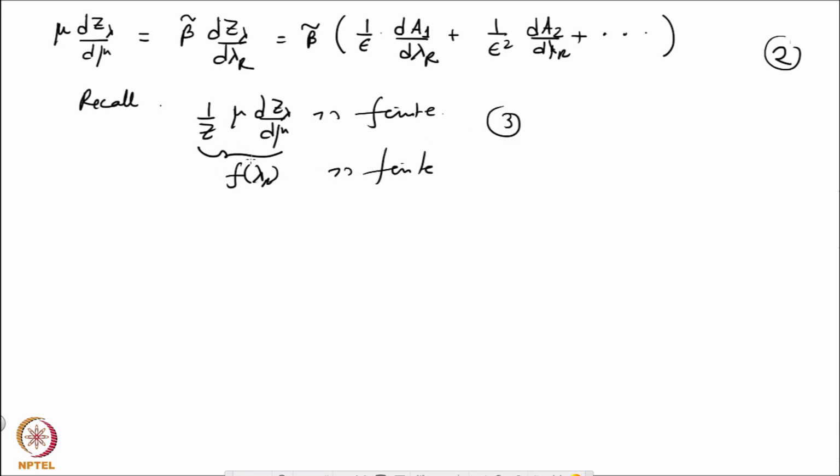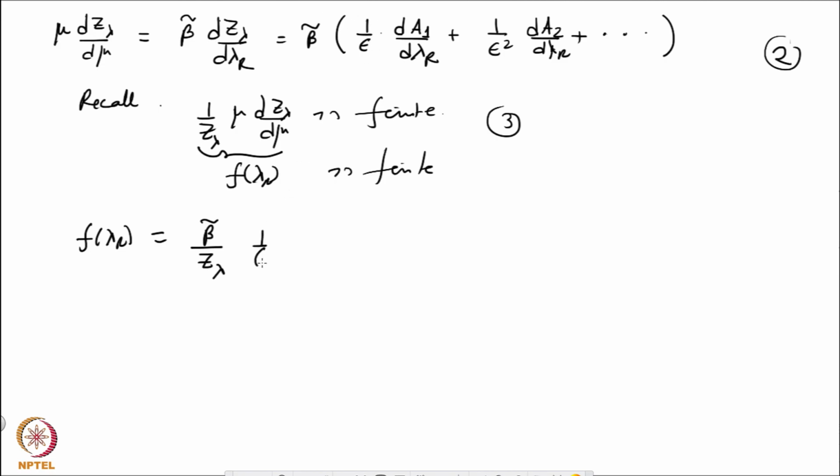Okay, so I'm just putting this here in this equation 2. So you get f of r. So I'm dividing the equation 2 by z of lambda. So that gives you f of lambda r is equal to beta tilde, that's the beta tilde here, over z lambda.